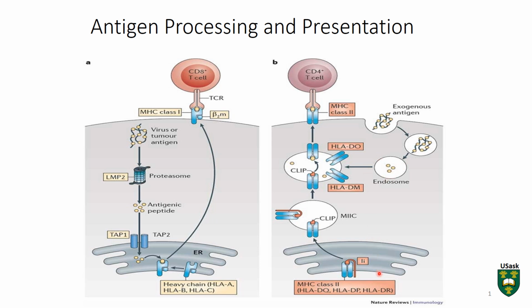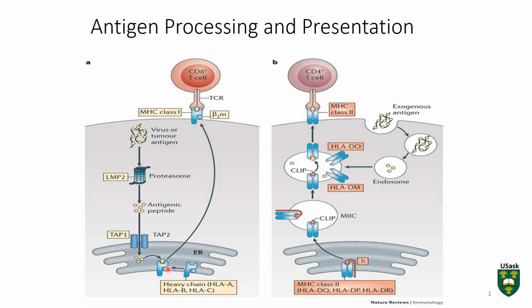Let's go back to the endoplasmic reticulum to see what's happening here. In this endoplasmic reticulum, you can see the class 2, because it is formed of an alpha chain and a beta chain, but the peptide binding groove is not empty. It is actually occupied by another molecule called the invariant chain. The reason for this invariant chain is to prevent peptides from binding to class 2.